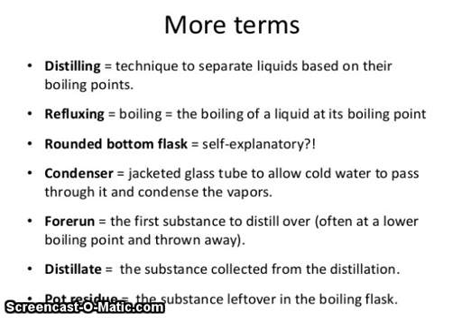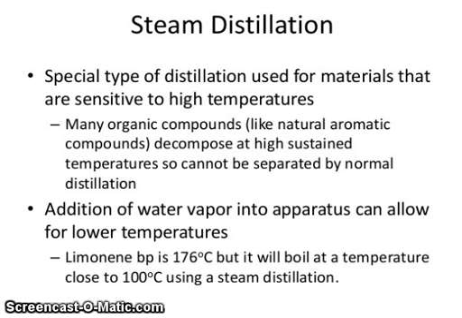Round bottom flask, self-explanatory. Condenser: a jacketed glass tube that allows cold water to pass through it and condense the vapor. Forerun: the first substance to distill over. Distillate: the substance collected from the distillation. And pot residue: the substance left over in the boiling flask.